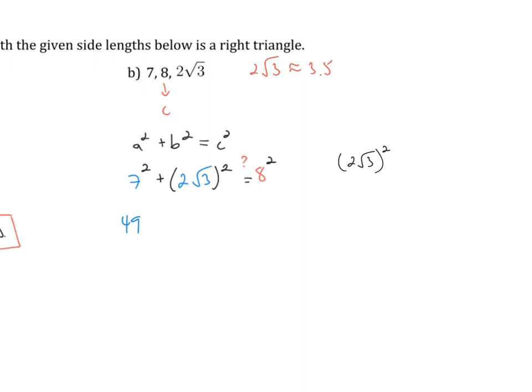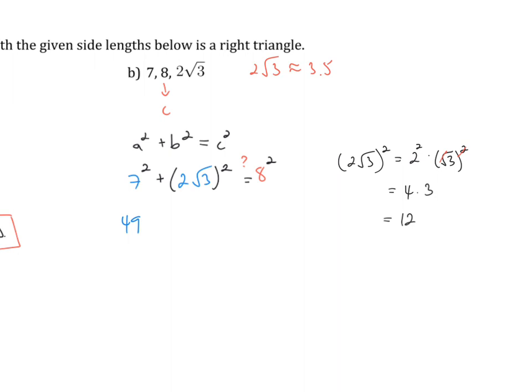So this is equal to 2 squared times the square root of 3 squared. And this will get us 4 times, and again, keep in mind what I said before in a past video on simplifying radicals: the square root and the squaring operations cancel each other out. So I'm simply left with just a 3, and this is equal to 12.